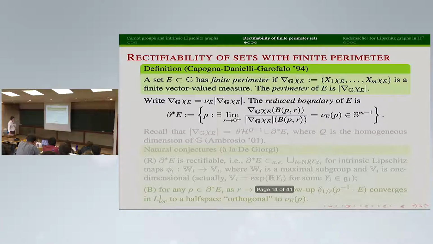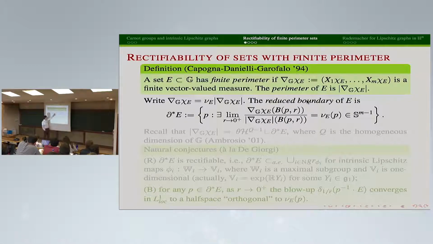Now by Riesz's or whatever theorem you like, this vector valued measure can be written as this scalar measure, the perimeter, times a unit vector valued map that we denote by nu_E, which is what's called the measure theoretic horizontal normal to the set E. You have to imagine this nu_E as kind of the unit normal to the boundary of E, which is pointing inside E. It will be relevant for us the notion of reduced boundary of E. So the reduced boundary is the set of points P where the following limit exists.